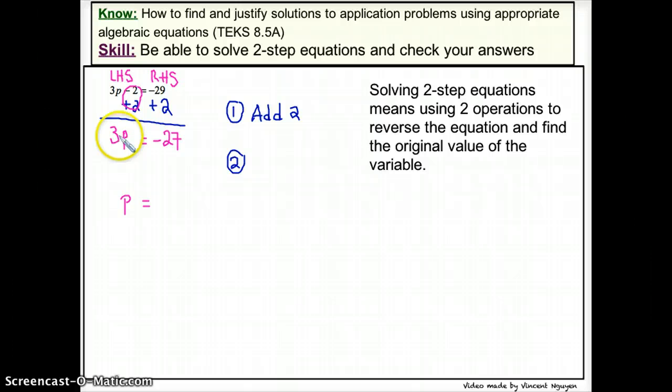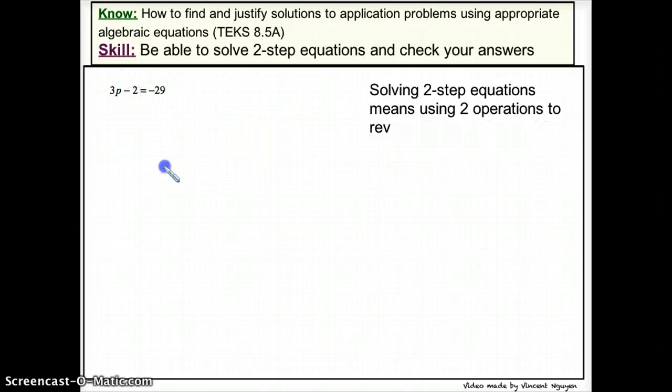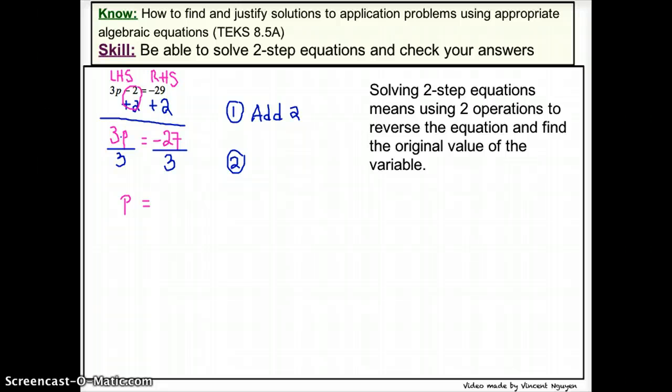This right here is 3 times p. So in order to undo multiplication, we have to divide, and the number we want to divide by is 3, because 3 divided by 3 will give you 1p. But remember, we have to do it to the other side as well. When you do that, you'll end up with 1p equals negative 9.